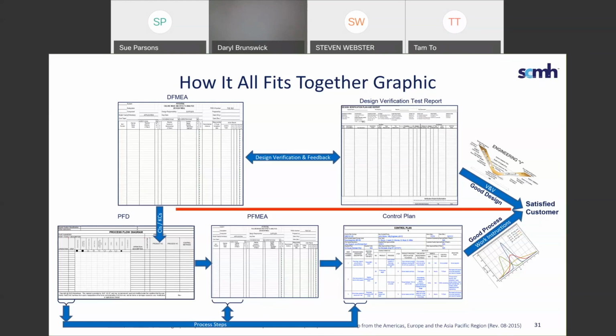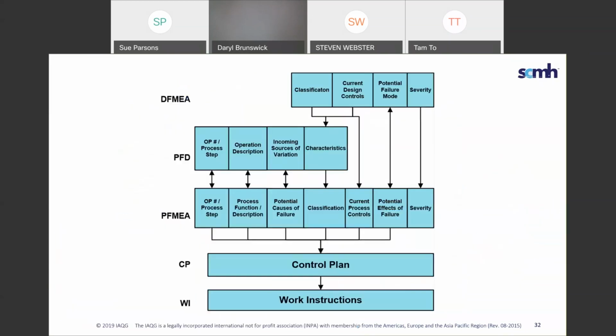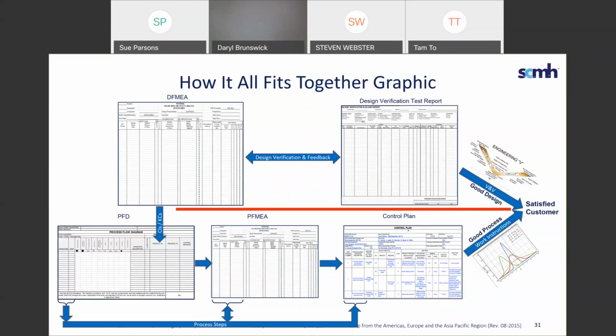Wherever that key characteristic is identified is where it would reside on the process flow diagram. Then it would be pushed into the PFMEA to understand the different ways that operation can fail, with the KCs coming along for the ride to make sure that controls are pulled through. So I hope that helps.